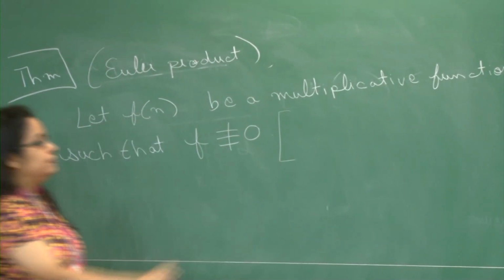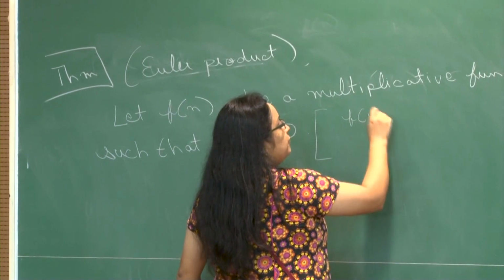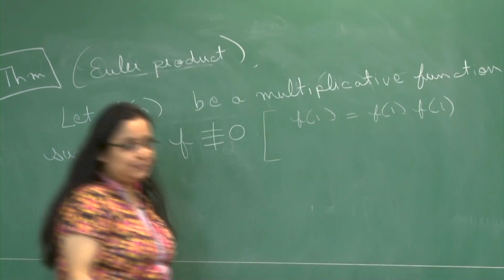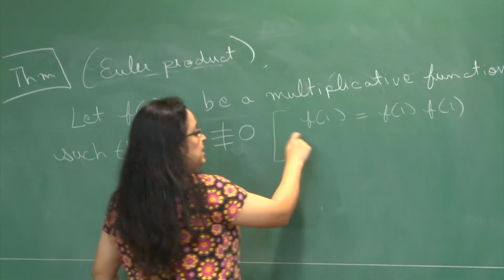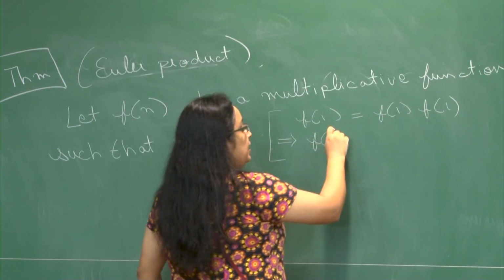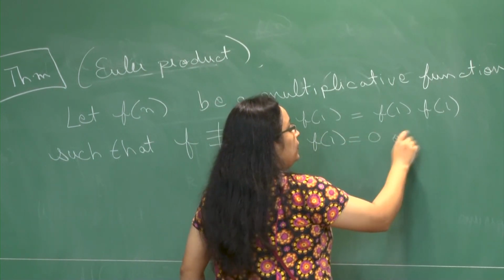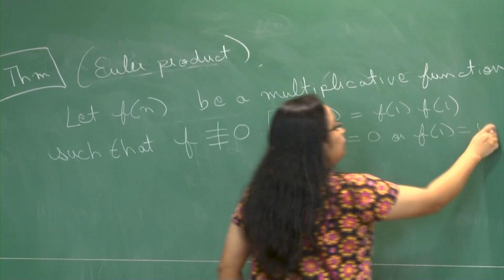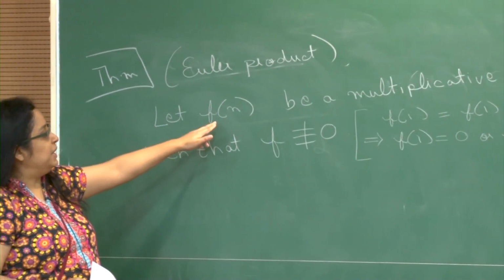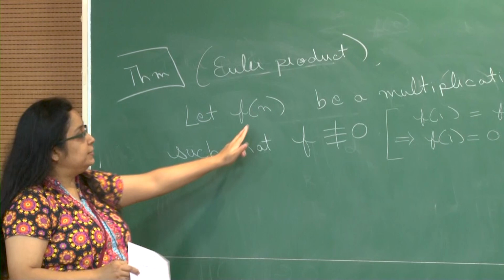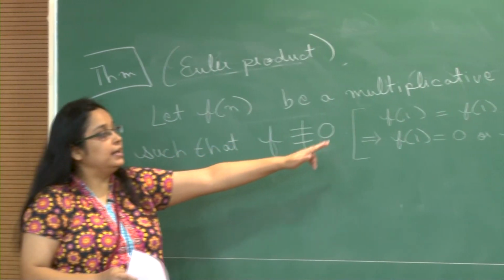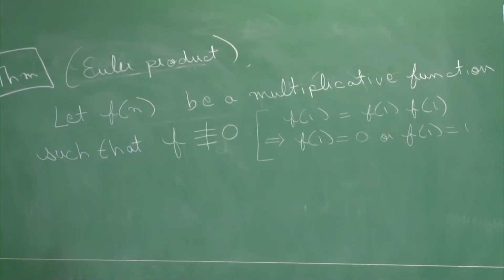Remember, if you have a multiplicative function, then f of 1 is equal to f of 1 times f of 1, since 1 is 1 times 1, and therefore f of 1 is equal to 0 or f of 1 is equal to 1. Now, if f of 1 is 0, by multiplicativity the function would become identically 0. So if you are assuming that your function is not identically 0, that means f of 1 is equal to 1.